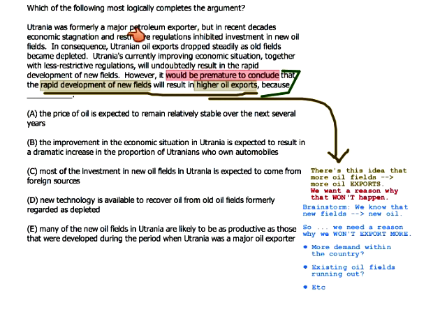Okay, now we have: for a long time we haven't made new fields, but now, okay, the economy is getting better, so we are making new oil fields. Okay, sure. So basically, we need a reason why we will not export more.